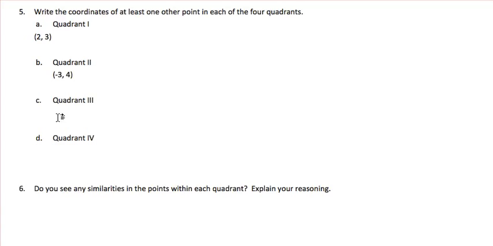In quadrant 3, I could perhaps say negative 3, negative 4. And in quadrant 4, I could say 3, negative 4. I'm even going to change my first quadrant to 3, 4. That way we can see the relationship, similarities and differences in the points within each quadrant.